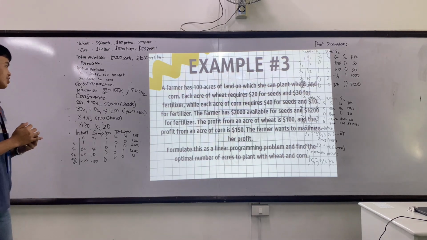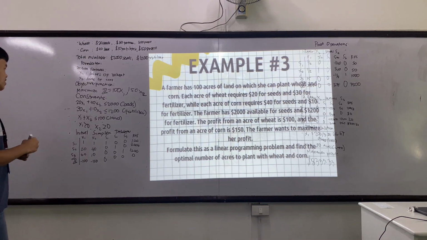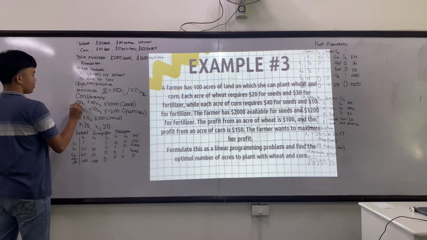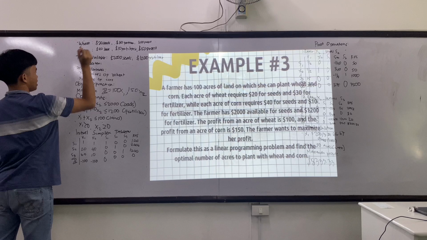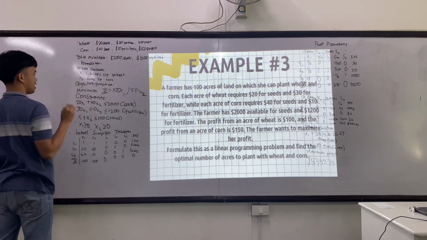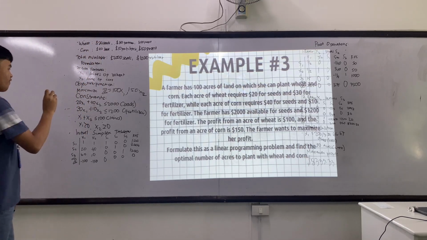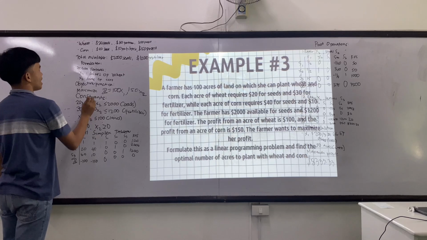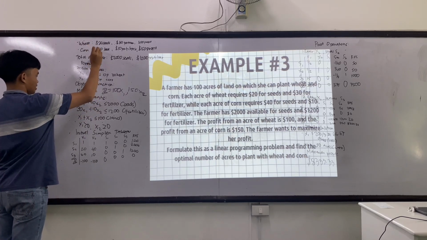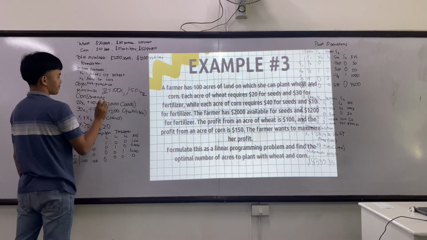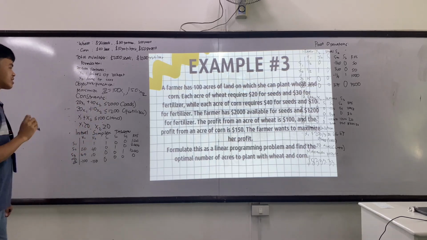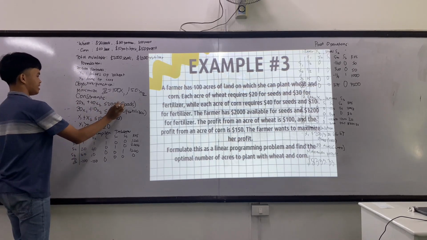So the constraints will be: 20 x sub 1 from wheat seeds, plus 40 x sub 2 from corn seeds, is less than 2,000 for seeds.